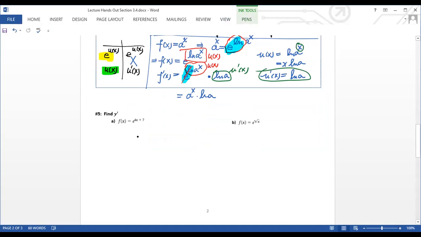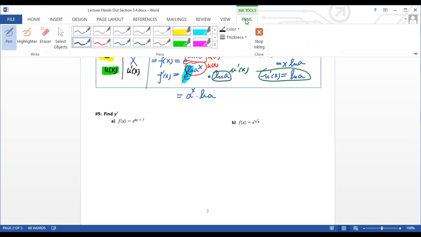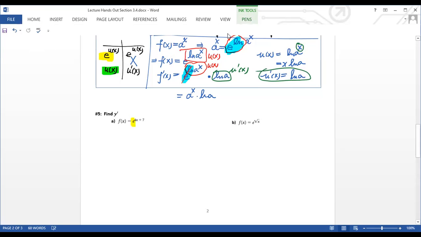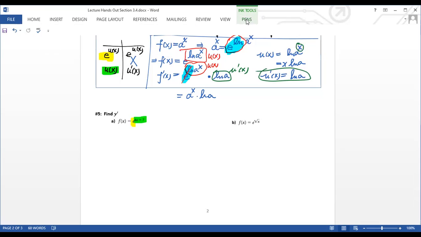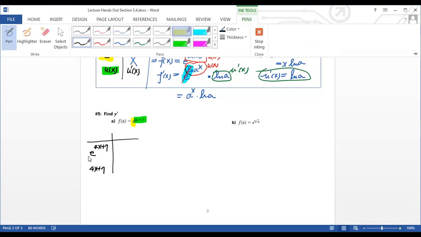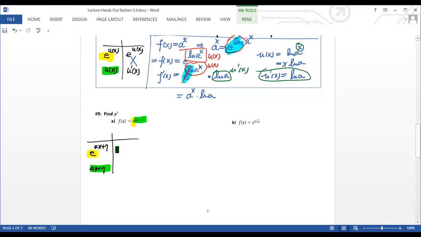So this is f of x is e to the 4x plus 7. So immediately you see this is your first layer, e, and what is your second layer? 4x plus 7, right? So after a while you are getting familiar with it, you don't need to use this table anymore. So you highlight it, so you say this is my first layer, and this is my second layer.